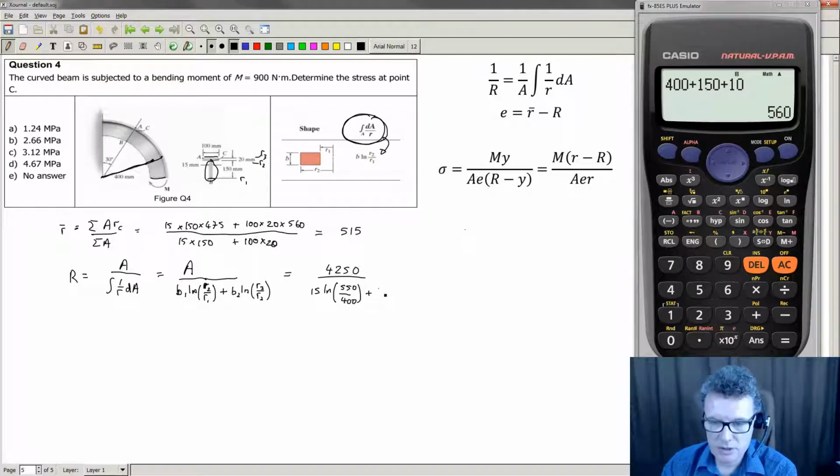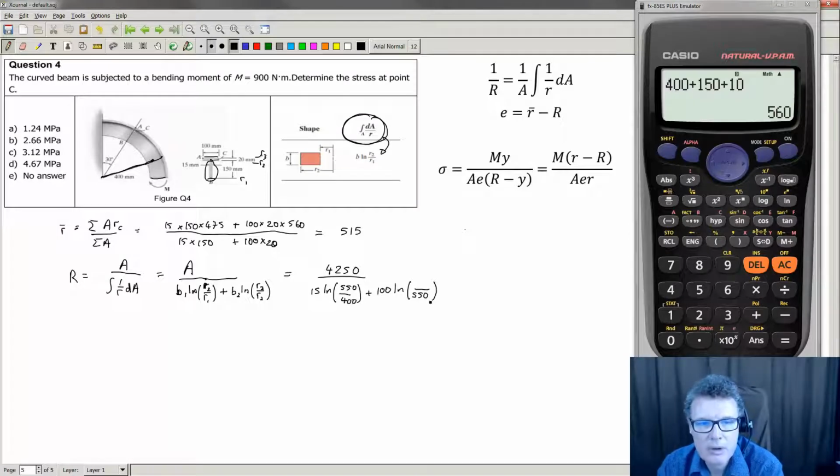Okay, for the top section, 100 natural log. So that is going to start at 550. And we need to add on another 20, so you get 570. Put that all in, and I got 509.07.